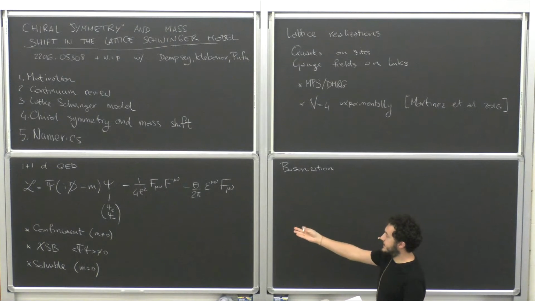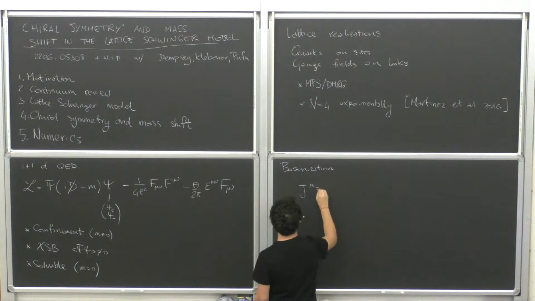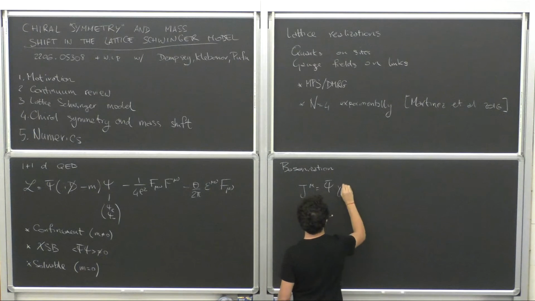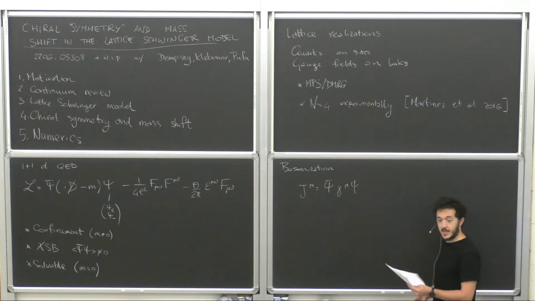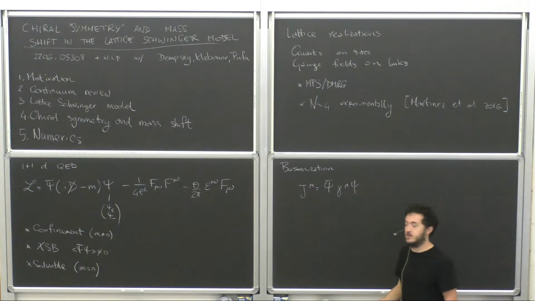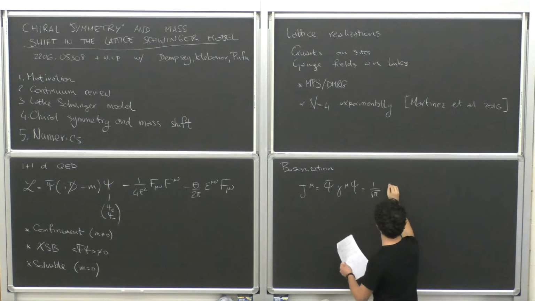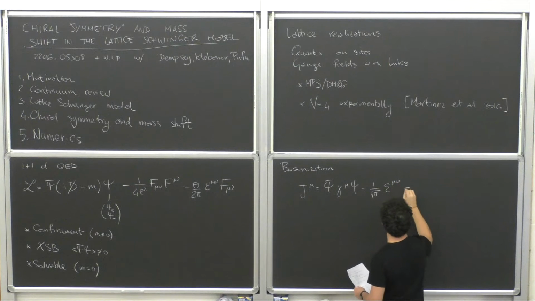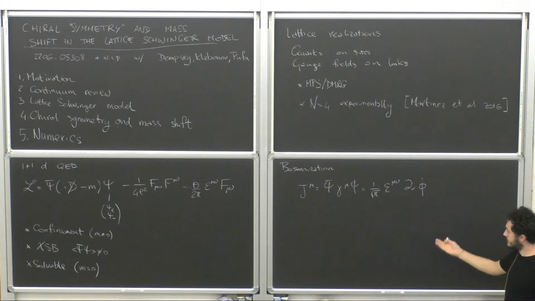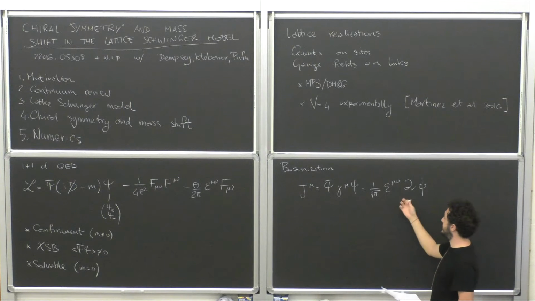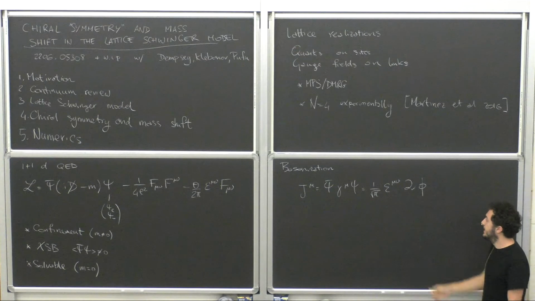So the idea is that this model has a current, a conserved current, which is this, and I can introduce a scalar field, and let me introduce it like this. Some scalar field phi, and I rewrite this current in terms of phi. You see that the current is conserved because epsilon is antisymmetric.